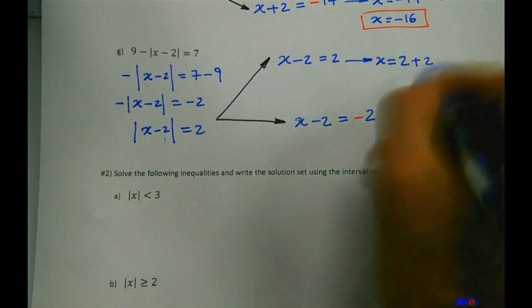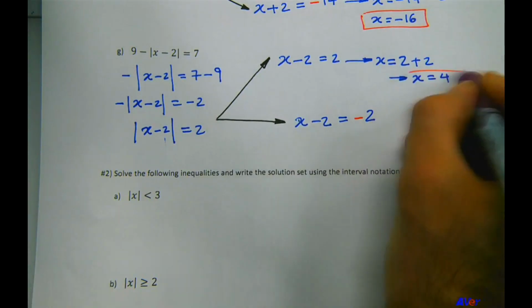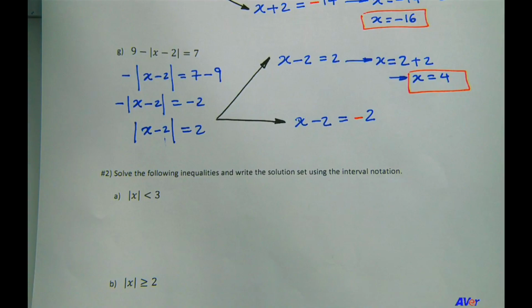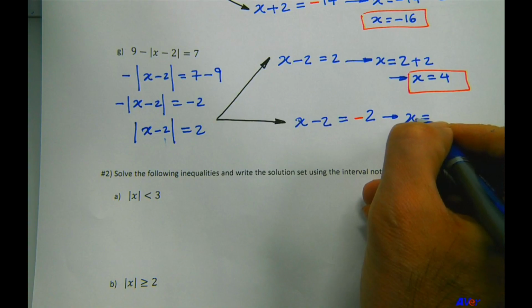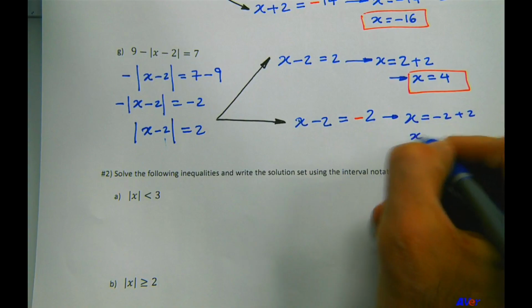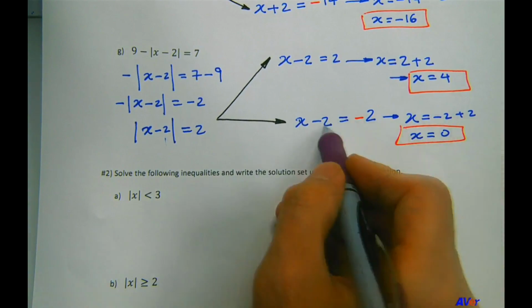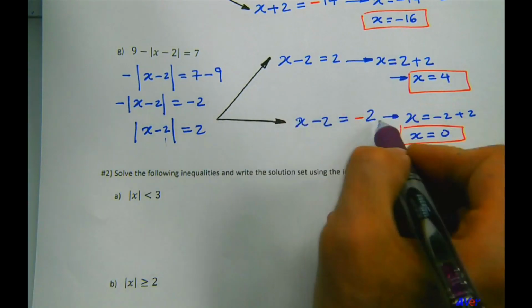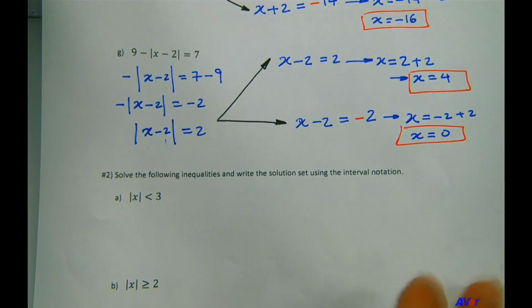So from here, we see that x equals 4. And from here, we can see that x equals minus 2 plus 2, or x equals 0. Again, that positive 2 is this negative 2, which we move to the other side and it becomes positive. I hope this is going well and everything is agreeing with your own solutions.